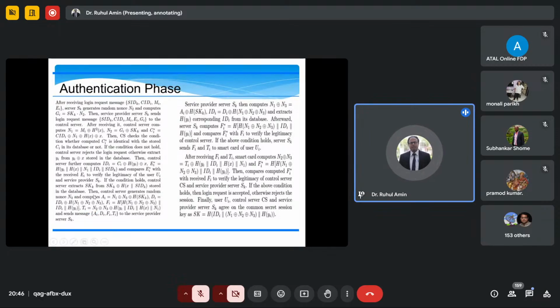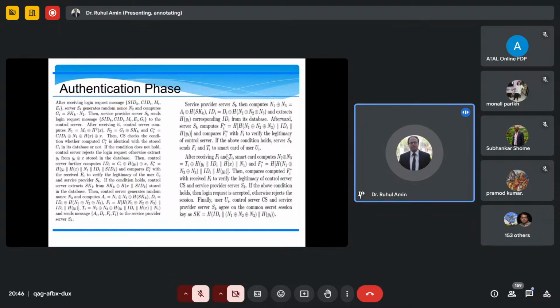All this information, after computation, is sent to the service provider server by the control server. Here 3 parameters have been considered. After computations, the service provider server again computes and sends some information to the user's smart card, that is the parameters FI and TI. In this way, they calculate parameters and check the authentication of all the entities, right?